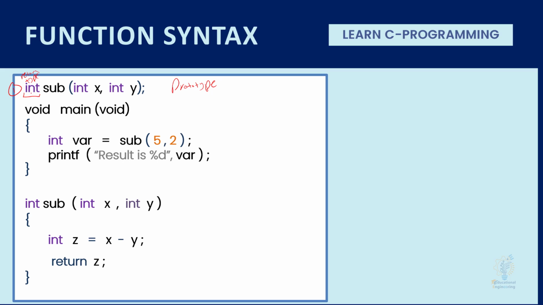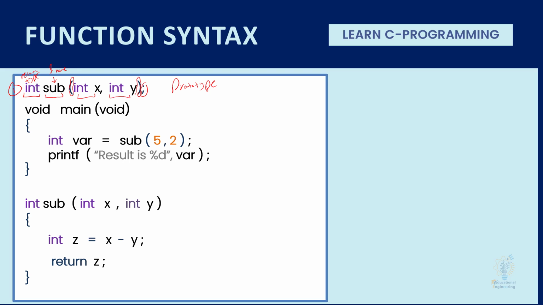This function will return an integer. This, the subword, is the function name, which is the second part of the prototype, as we already mentioned. Now we have two parentheses, as you can see here and here, and these two parentheses will end with a semicolon. Now this function will take two inputs.